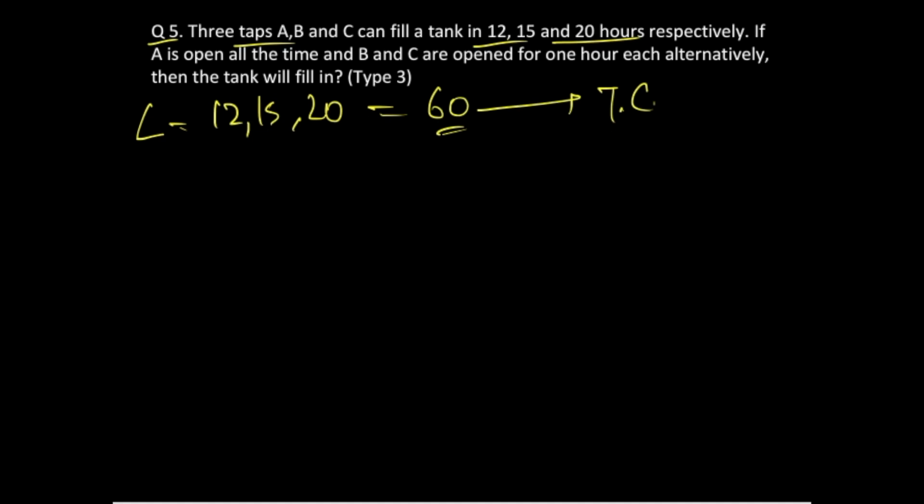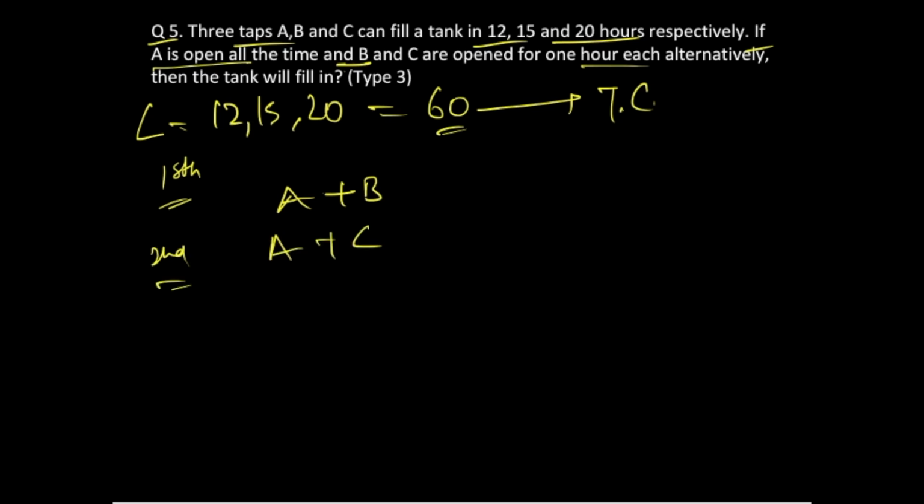Okay, the next statement says that if A is open all the time and B and C are open for 1 hour each alternatively. So in the first hour, A is working along with B, right? Because it is saying that A is open all the time and B and C are open for 1 hour each alternatively. So first B is open, and in the second hour A is working along with C, right?